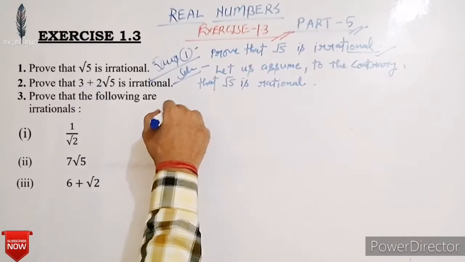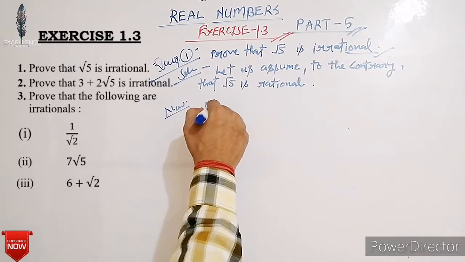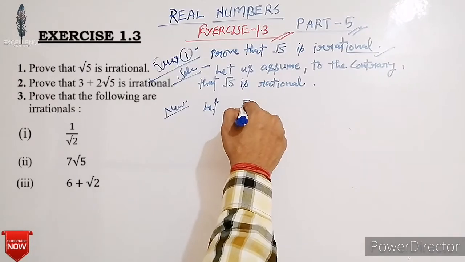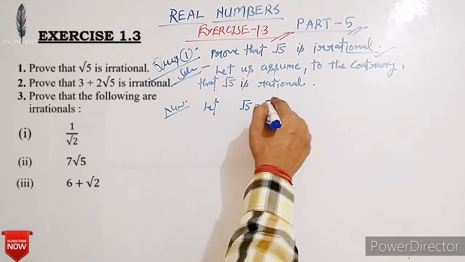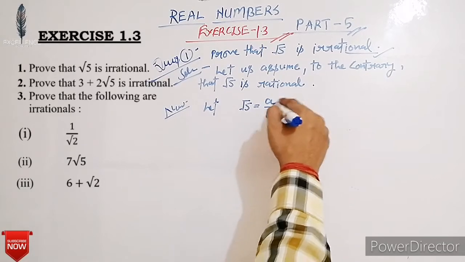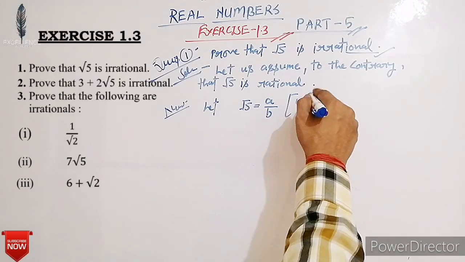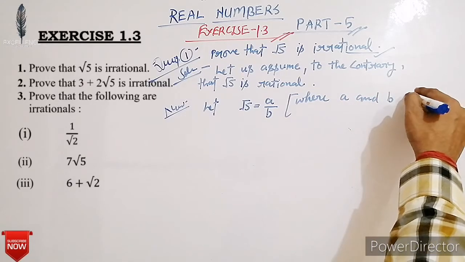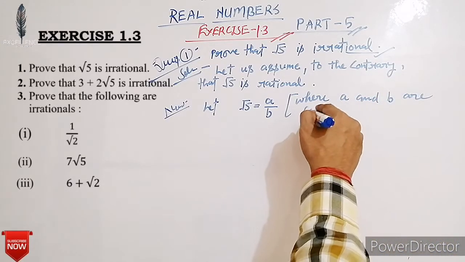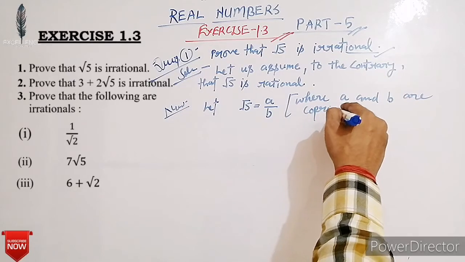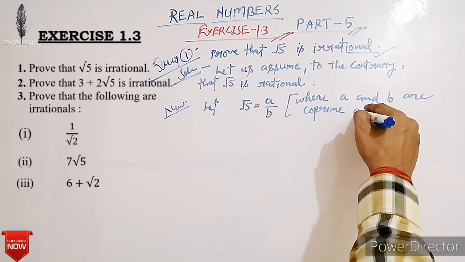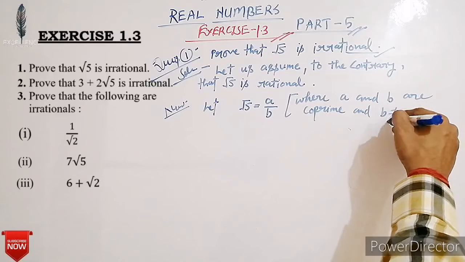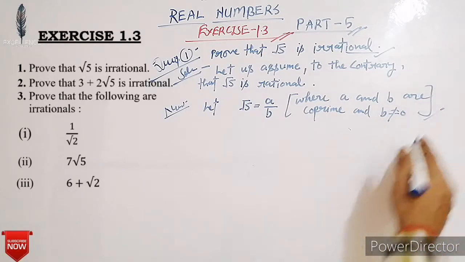Okay. Students, all of you know that rational numbers can be written in the form of P upon Q. So here under root 5 is equals to A by B, where A and B are co-prime and B does not equals to 0.